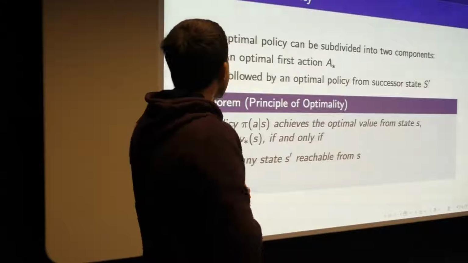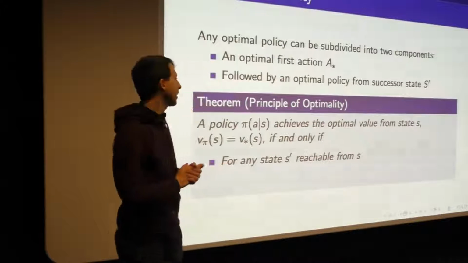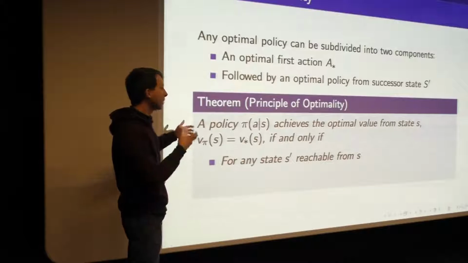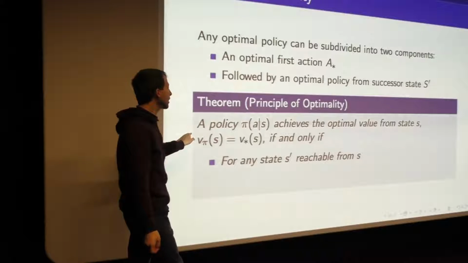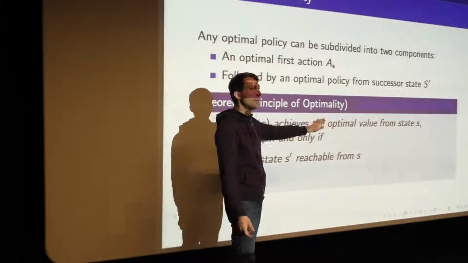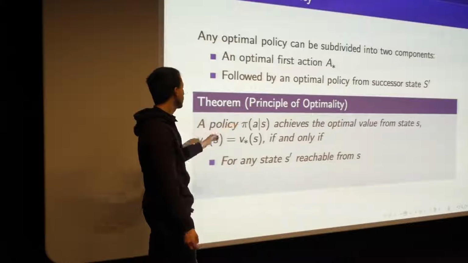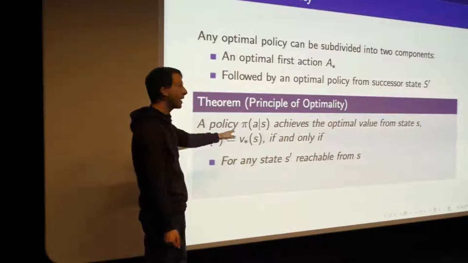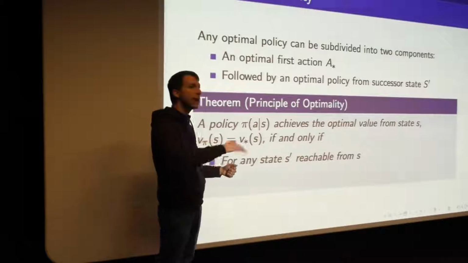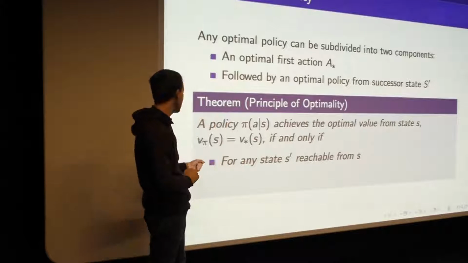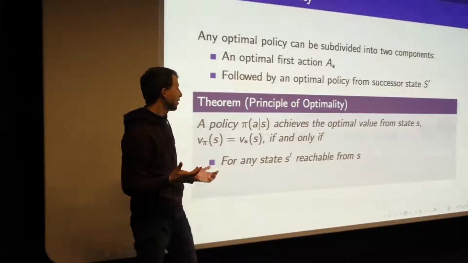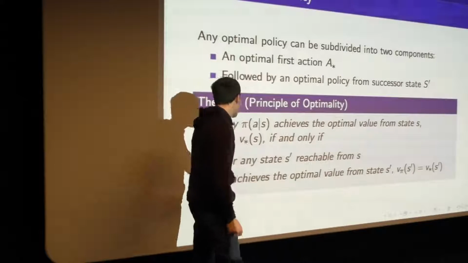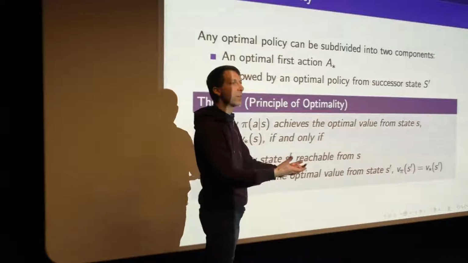So this gives us a theorem, the principle of optimality for policies. The way to think of this is just a formalization of exactly that intuition, which says that a policy achieves the optimal value from any state S. In other words, the value of that policy is the optimal value function from state S. So this policy really does get the maximum juice out of our MDP if and only if, for any state that we can reach, the policy that we follow is optimal from that state onwards.